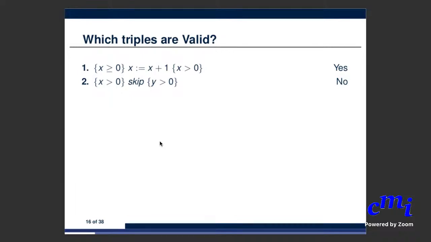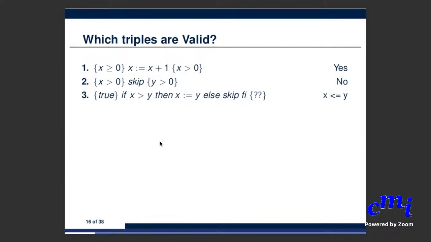Therefore, as you said, y could be negative, and because this command does not change any variable, including y, you end up being negative. If true is the predicate, it means that it does not constrain any of the program variables.